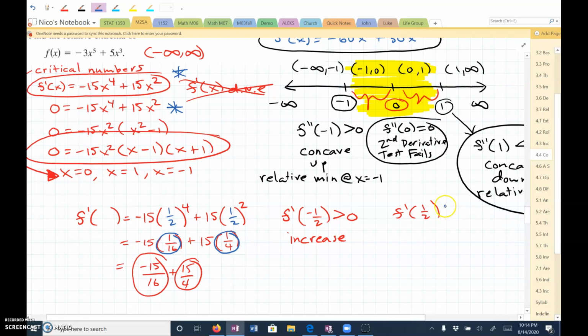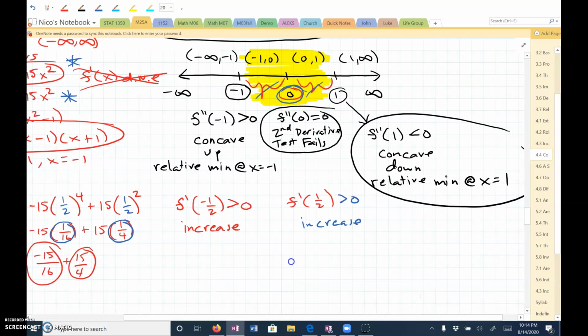So this is going to be an increase as well. So if the slope is increasing here and the slope is increasing there, this is not a relative min or max. So it would just be nothing there. And there we go.